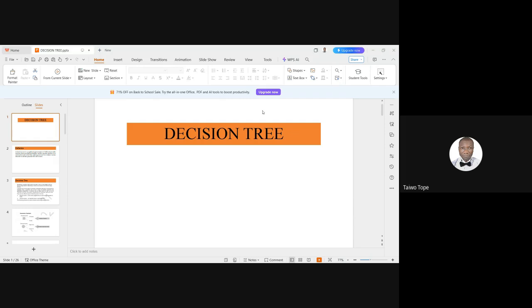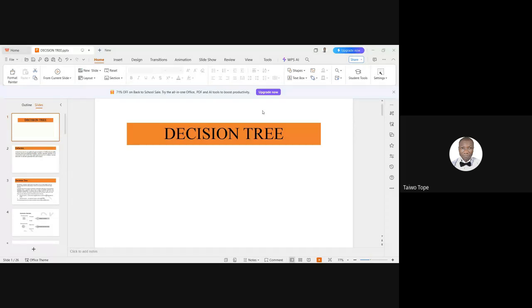So decision tree is a diagrammatic tool that is used for decision making under risk and uncertainty. What it does is that it shows different courses of action, possible outcomes, and their probabilities, and at the end shows the expected payoffs. It can be in form of profits, it can be in form of cost.